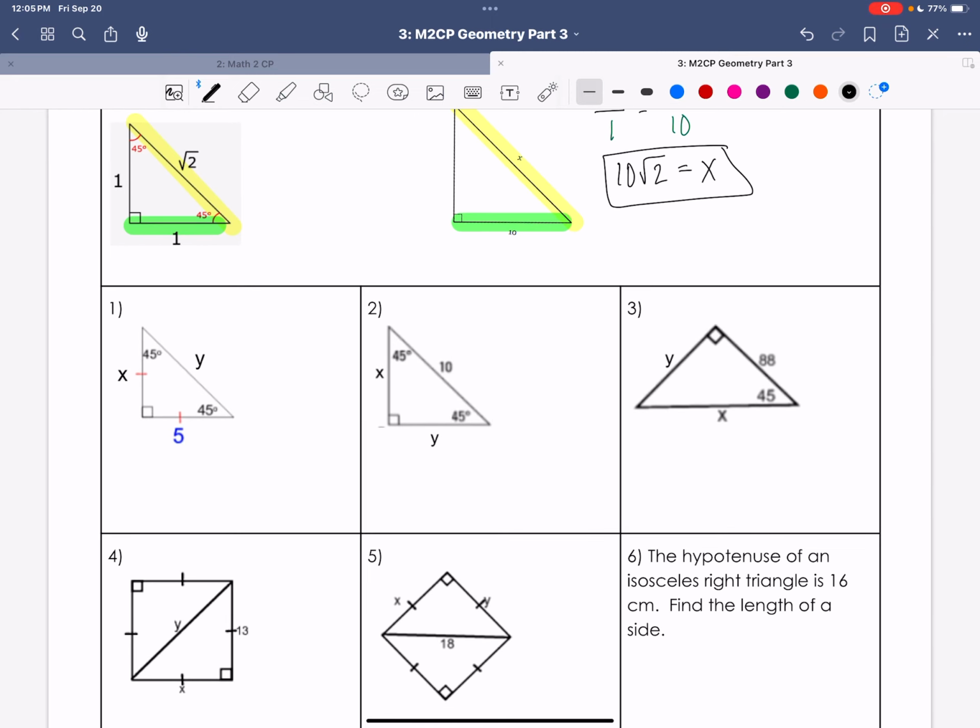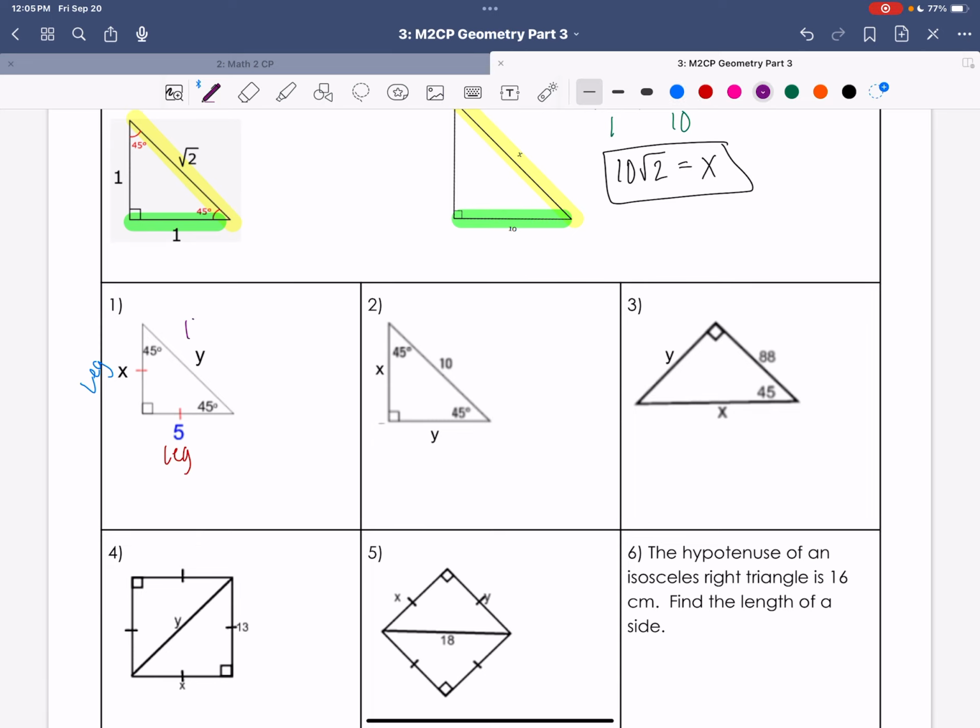All right, so now let's start doing some of these problems down here. It's important that you understand which ones are the legs and which one's the hypotenuse. Remember, the legs make the right angle and the hypotenuse is opposite the right angle.